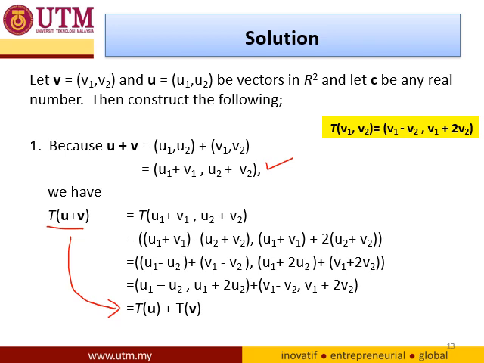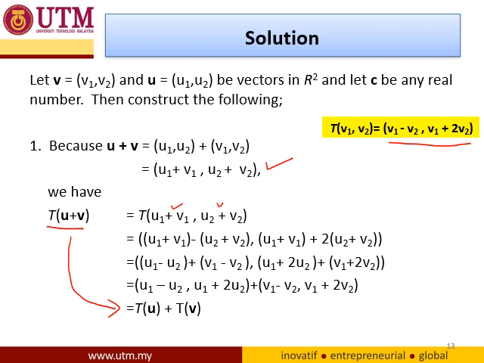You can use this type of solution, where you can see here, same as our T(U plus V), they put our U1 plus V1 and their U2 plus V2, and then they try to solve this equation by transforming it into this form. So same as the first one we did, but this one they try to prove directly that it is TU plus TV.